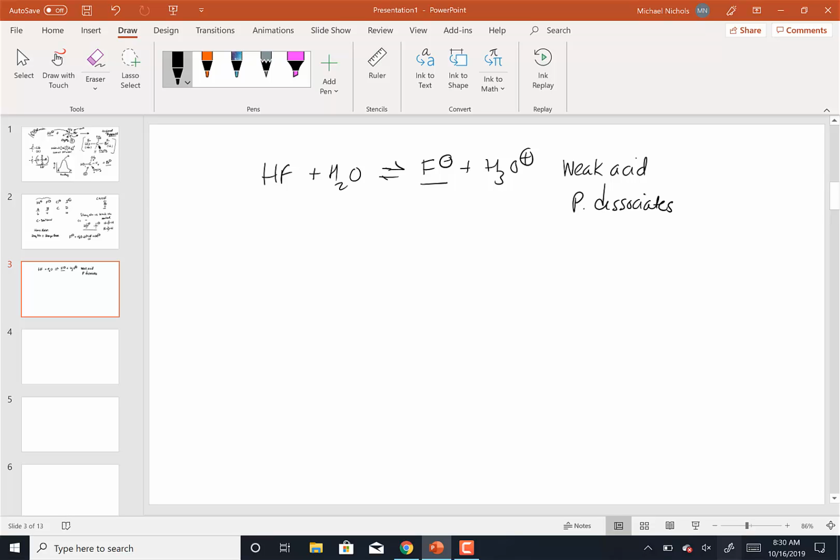It means you're in an equilibrium, and that's where the ice charts came in. What does it mean to be a strong acid like HCl? When I react HCl with water, what happens? I get H3O+ and Cl-. So strong acids are strong because they do what? They completely dissociate in water. I'm going to put that in quotes, because they completely dissociate.